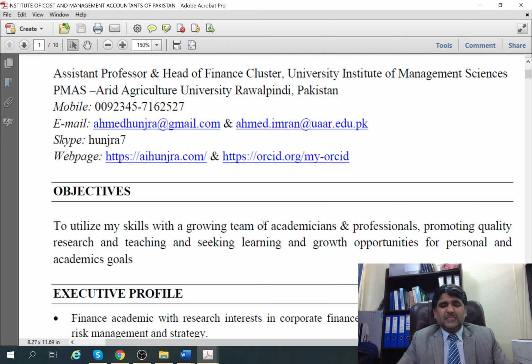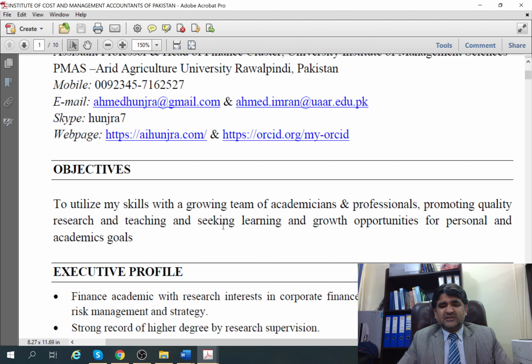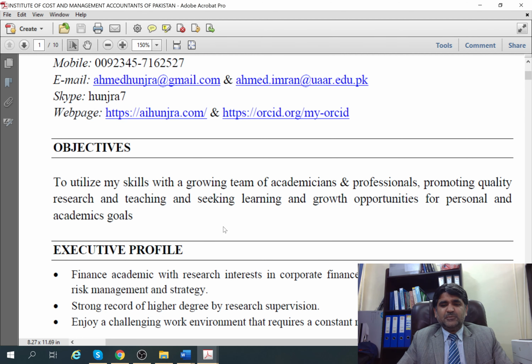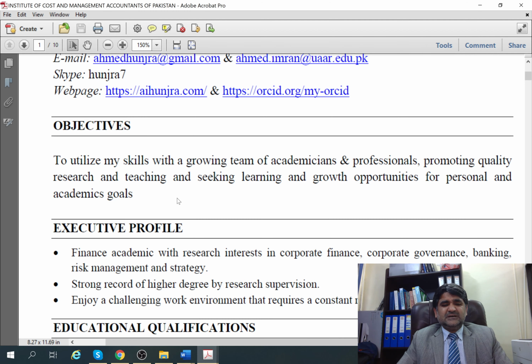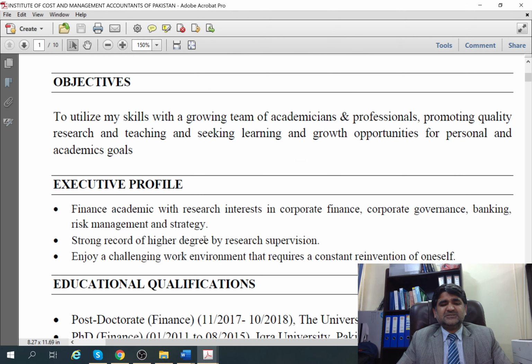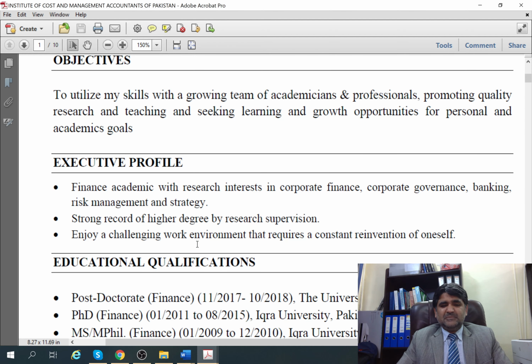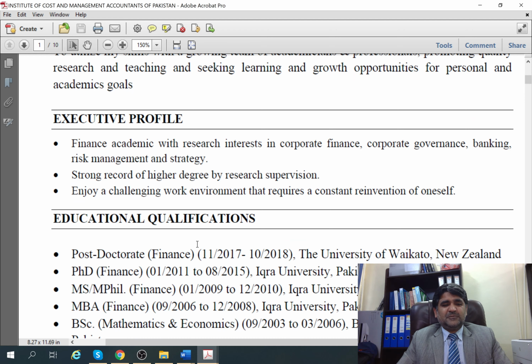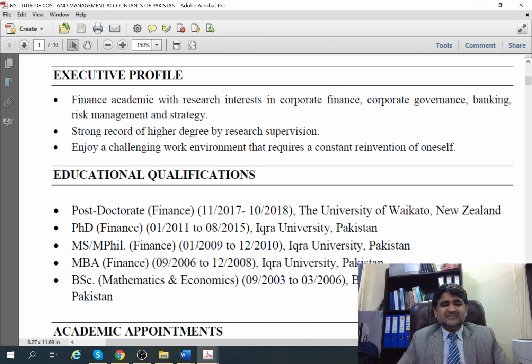Then the objective: what is your core objective of seeking this opportunity. You should be very clear in your objective. Everyone has a few skills, and you can write here your brief executive profile, your core competencies and core strengths. Then there is your academic or educational background.